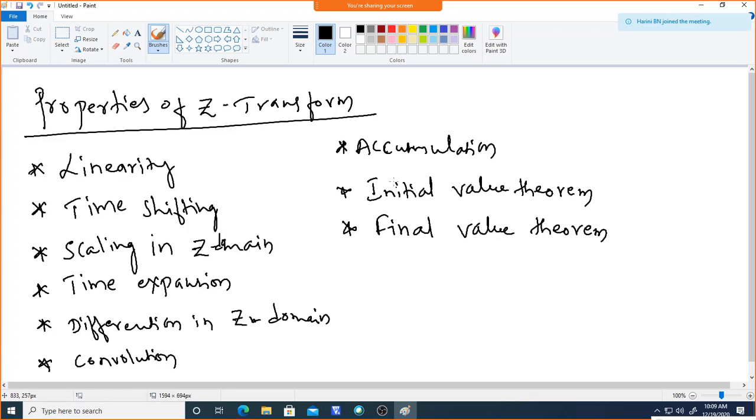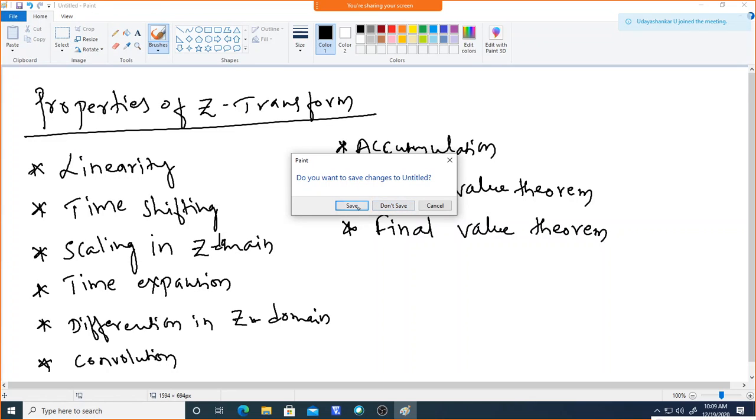So these are some of the important properties of the Z transform. Now we will go and see the linearity property and time shifting and so on. We will see these properties, and we will prove the properties also.